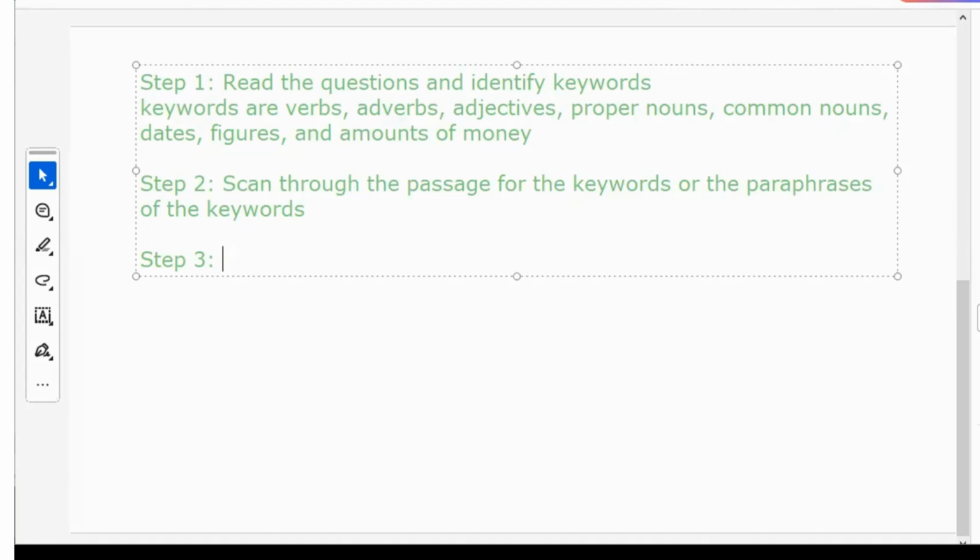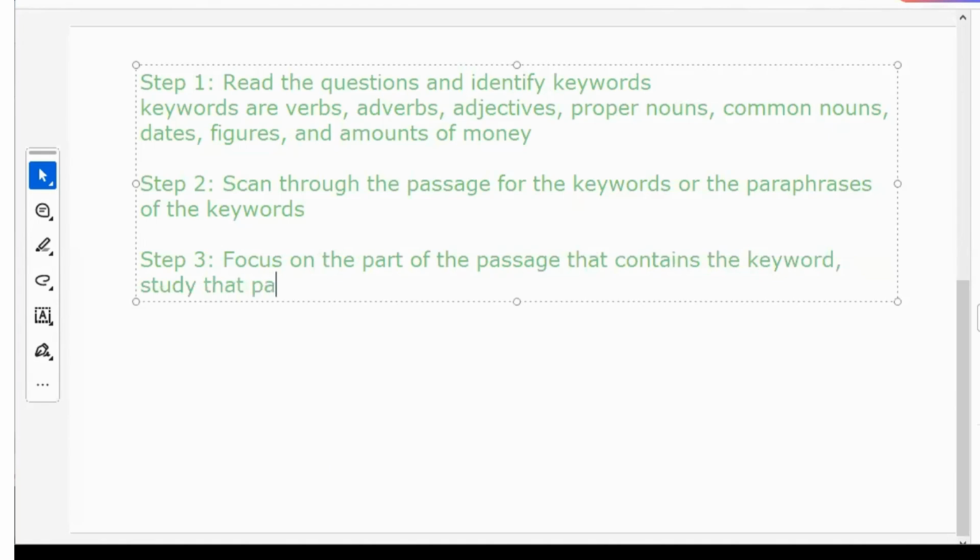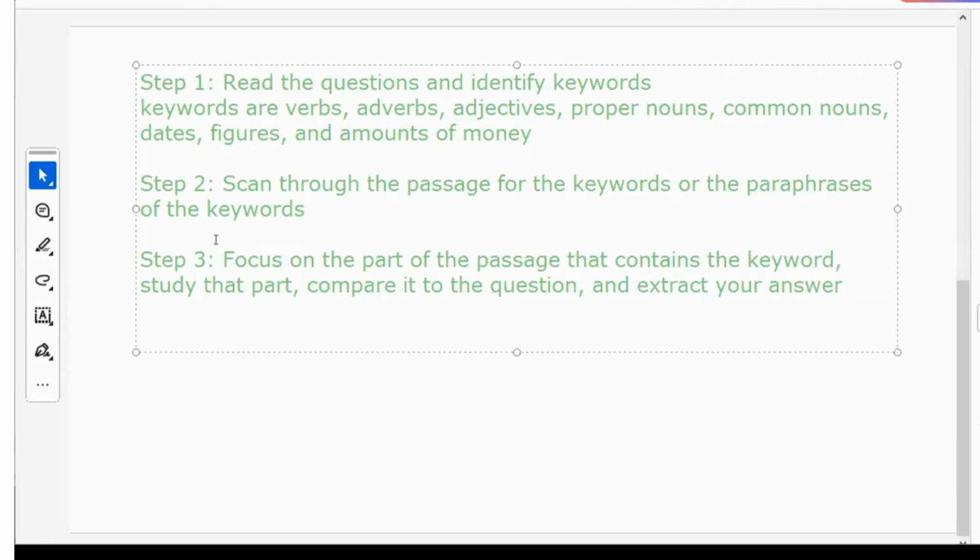Study that part closely. Compare it to the question, and extract your answer. Okay? Extract your answer. So that's step three.